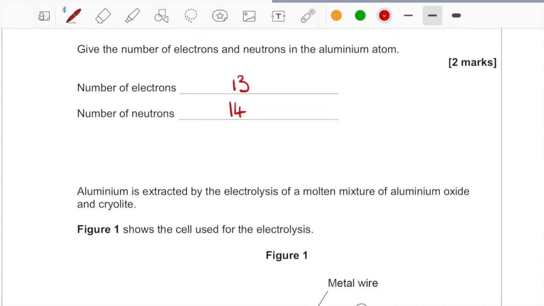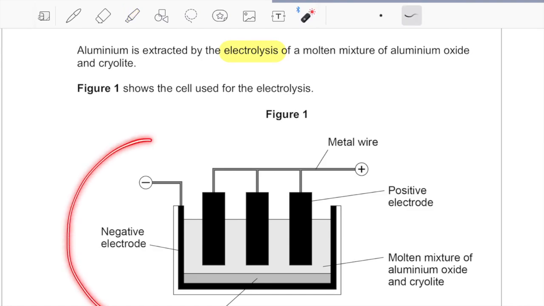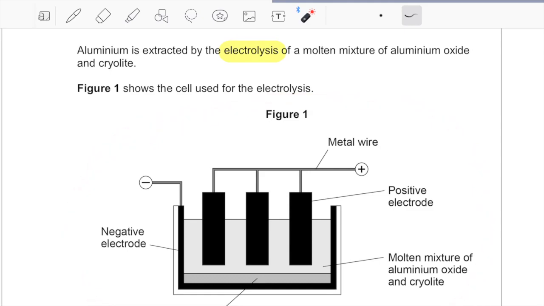Okay. Now they're telling us about the actual extraction of aluminium. And one of the things that they're making very clear is that it's by electrolysis. And this diagram here is a type of diagram that you would only see in relation to the extraction of aluminium.